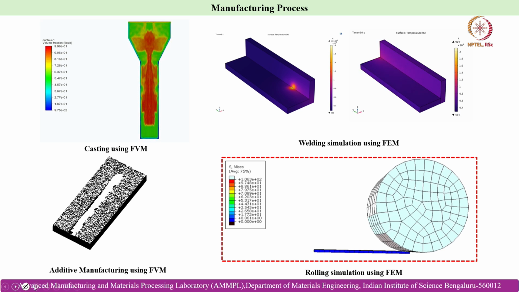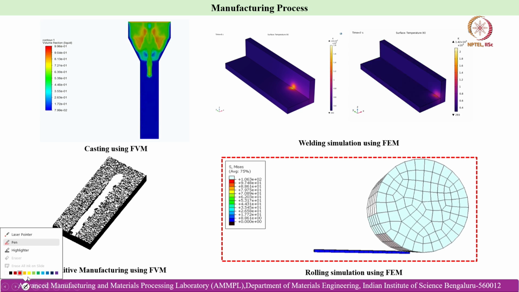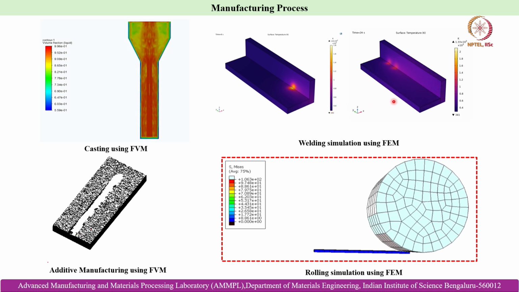In this slide you can see that a couple of processes have been simulated. You can see the billet which is getting solidified, and this is a problem where the heat transfer and the melt pool formation in fusion welding has been simulated by the finite element modeling technique.